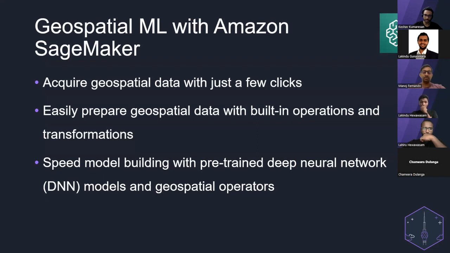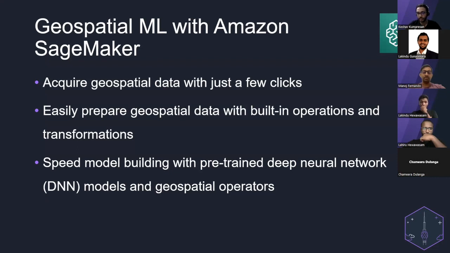There's another announcement in SageMaker, which is geospatial data. Generally, when we use map applications every day, to find our favorite restaurant or the fastest route to wherever we want to go, we use geospatial data.